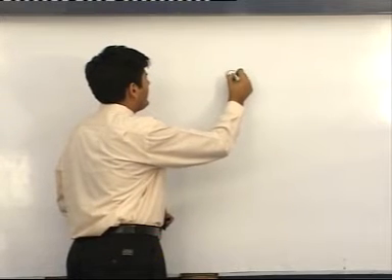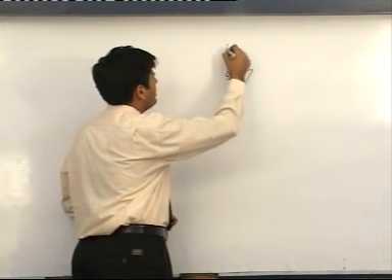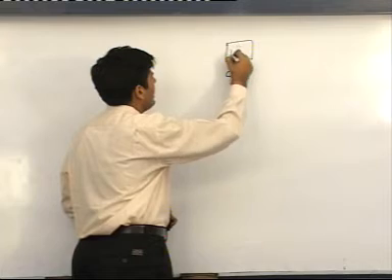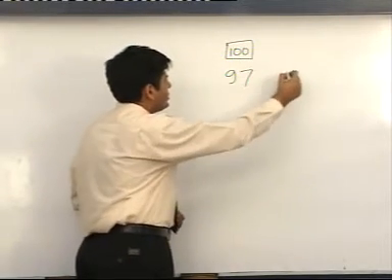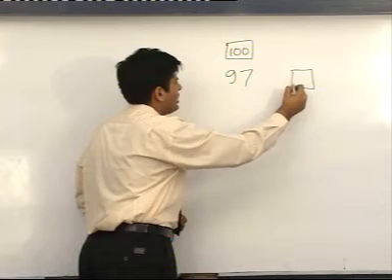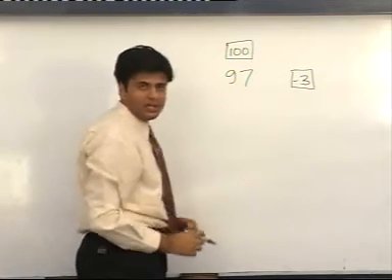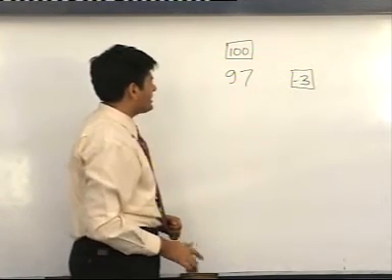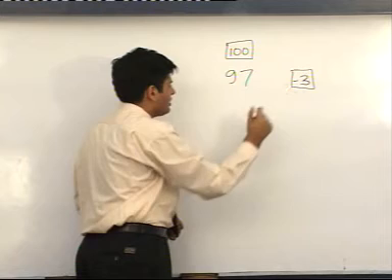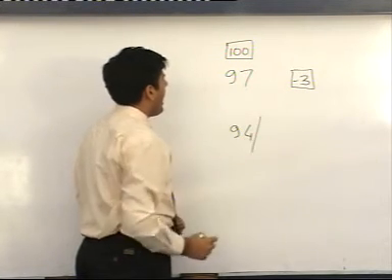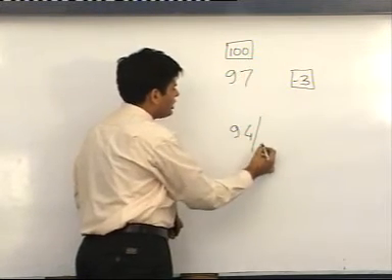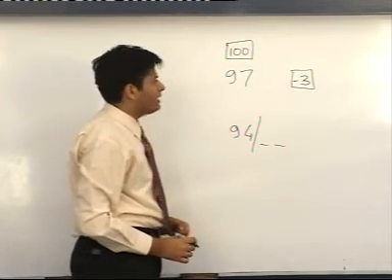Number is 97. It is closer to 100. So, the base will be 100. And the difference between these two is minus 3. So, I put minus 3 over here. To get a final answer, we have 97 minus 3, 94, and 2 digits on the right hand side.